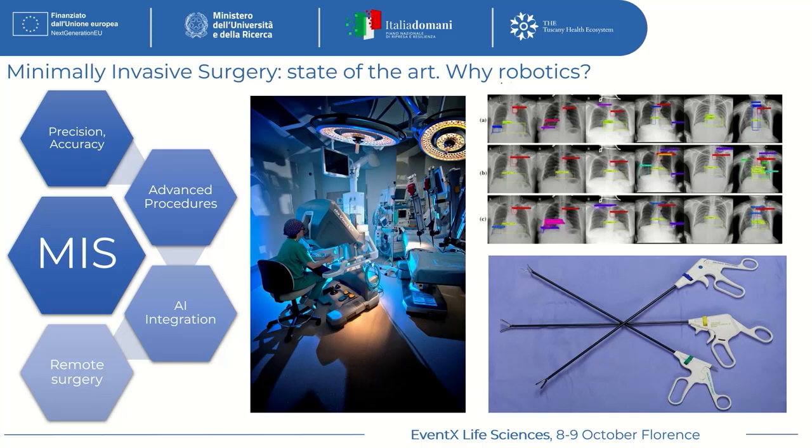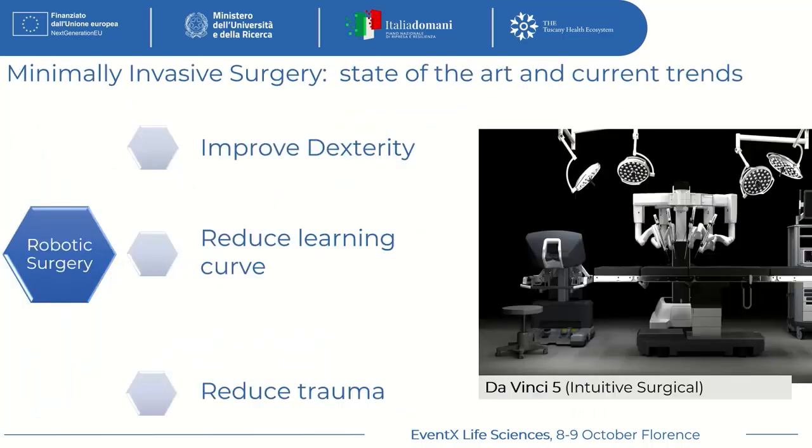And this is another point, the last one, remote surgery, that maybe it's not the most relevant now for some issues related more to the responsibility of the surgeon. But if you think about the first robots developed for robotic surgery, they have been developed for the battlefield to make possible the operation in a different setting from the surgeon.